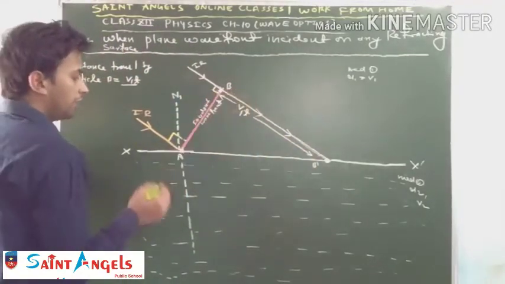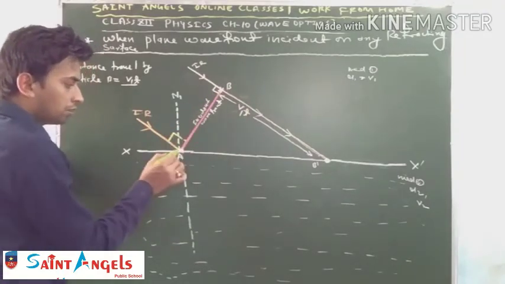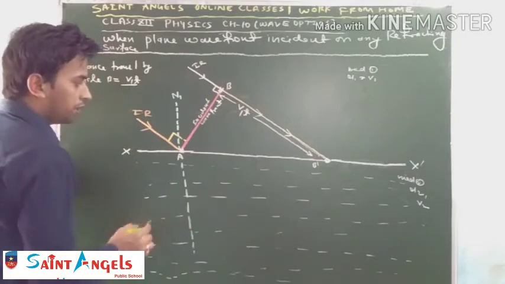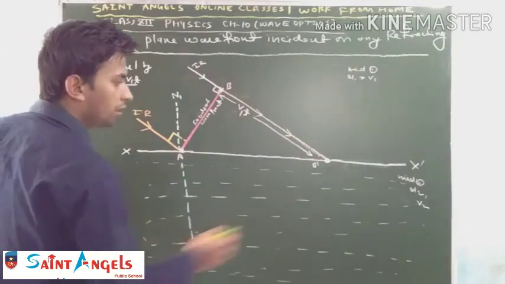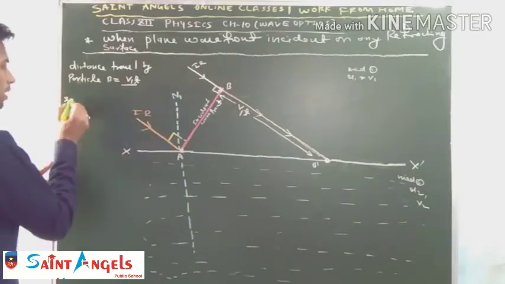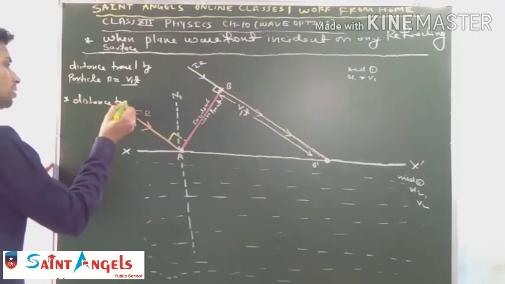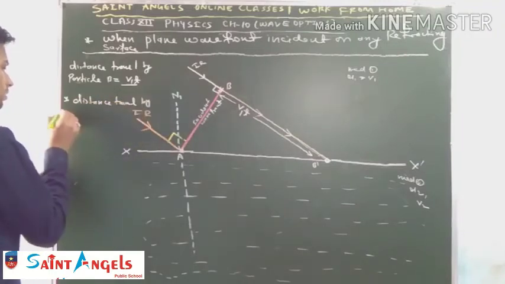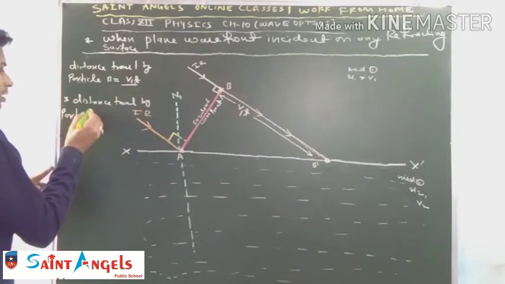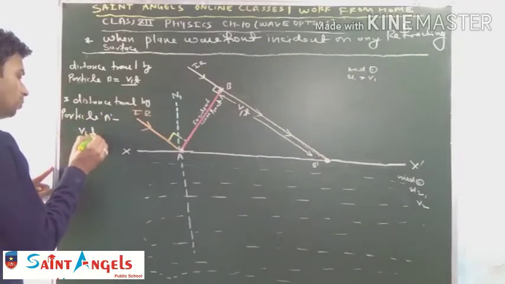Similarly, after time t, the particle A on the wavefront AB enters the second medium and travels a distance v2 into t. So the distance traveled by particle A in t seconds is v2t.